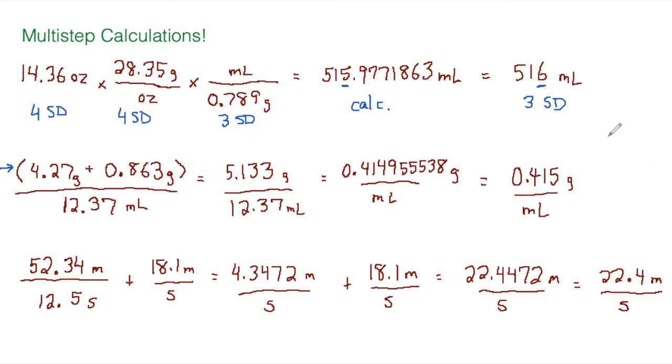We're going to add 4.27 grams, which is known 2 past the decimal, to 0.863 grams, which is known 3 past the decimal. We come out with an answer that has uncertainty both 2 places and 3 places past the decimal. And so our uncertainty has to be 2 places past the decimal.